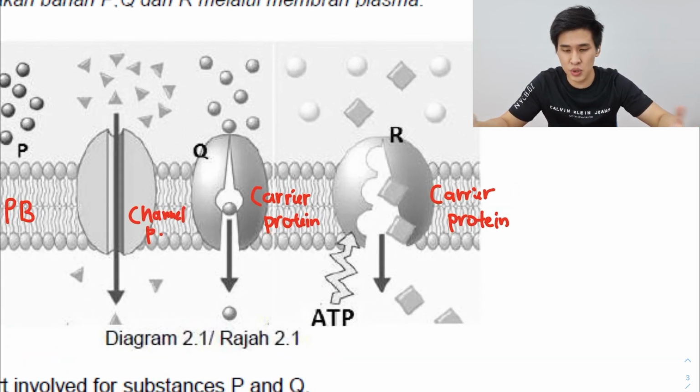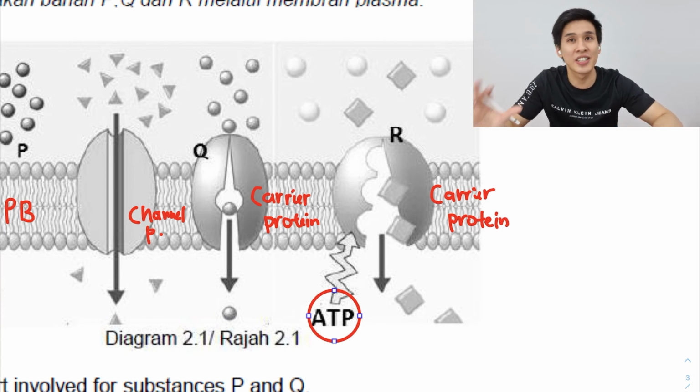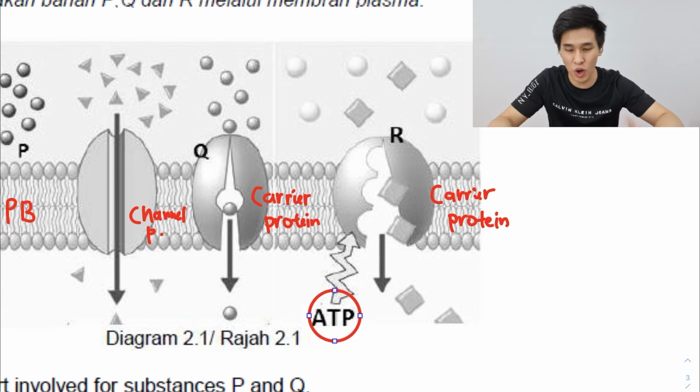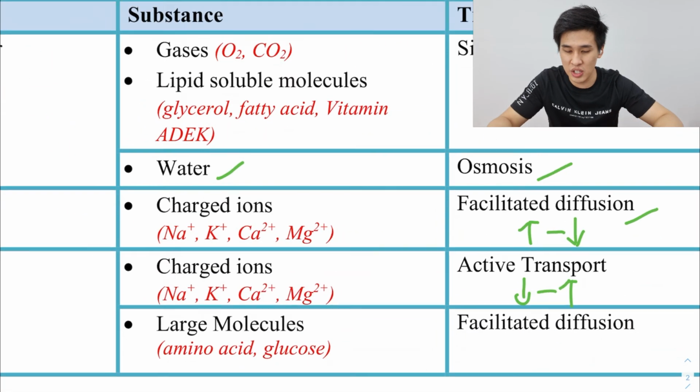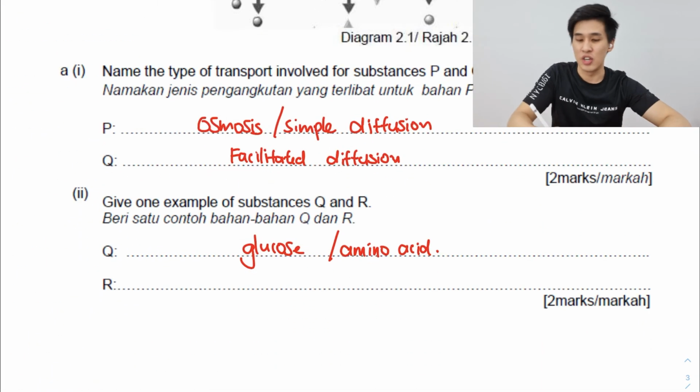It's quite hard to see here because you can't really see the concentration gradient, but you can see there's ATP over here. There's only one process in this chapter that we learn uses ATP, which is active transport. In active transport, we only learn one type of substance, only ions, so just give an example of a charged ion, the easiest one, sodium ions.